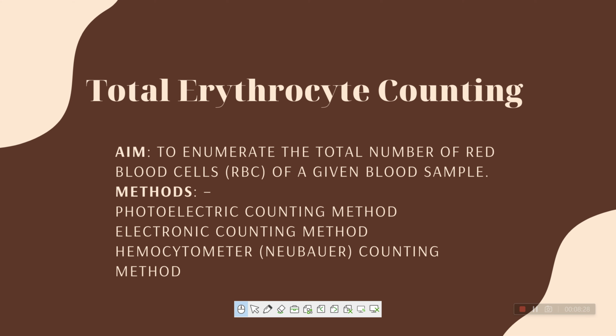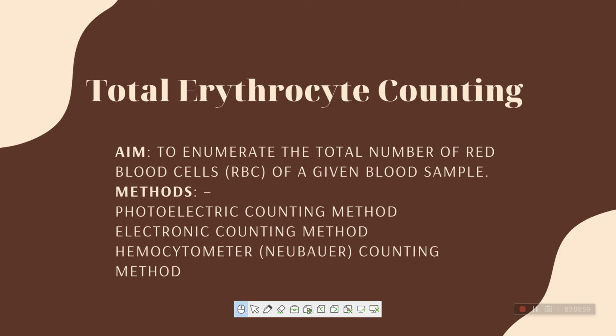We just have to mix the blood sample into an anticoagulant vial, the EDTA sample, and aspirate it into the electronic autoanalyzer. The autoanalyzer will aspirate the amount it needs for performing the total erythrocyte count, and after a few minutes it will give you the printed result.